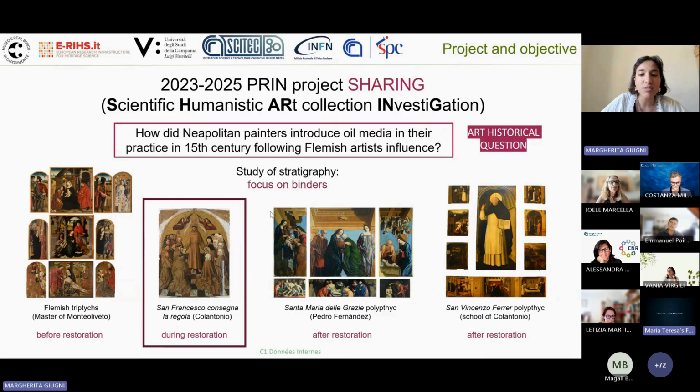As you can see, these paintings were in different conservation states, and today I will present some results from Colantonio's altarpiece because its study benefited from the restoration process. So we had access to the different layers of the painting with more analytical means.